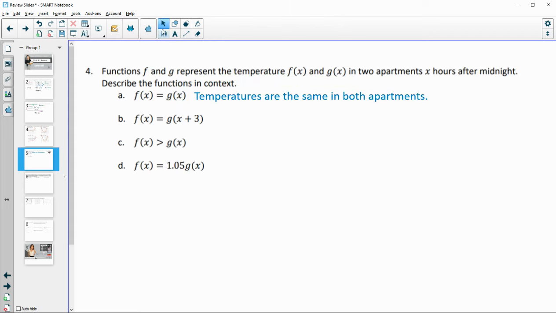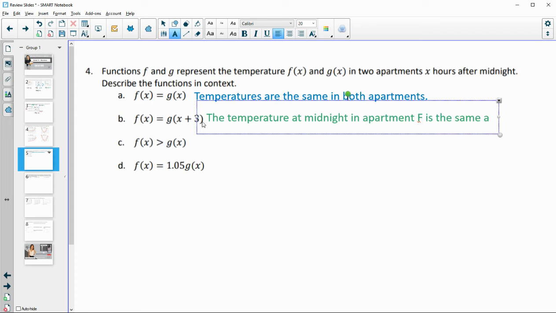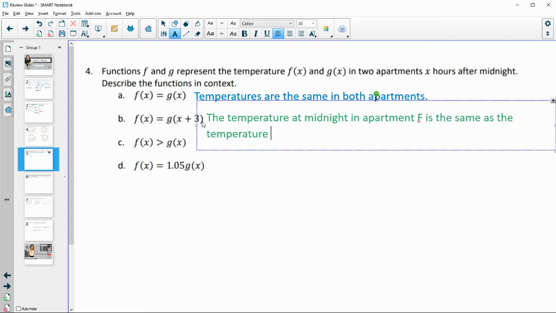Then in the next one, we have that f of x equals g of x plus 3. So the temperature at midnight in apartment F is the same as the temperature in apartment G at 3 a.m., since this says x plus 3.